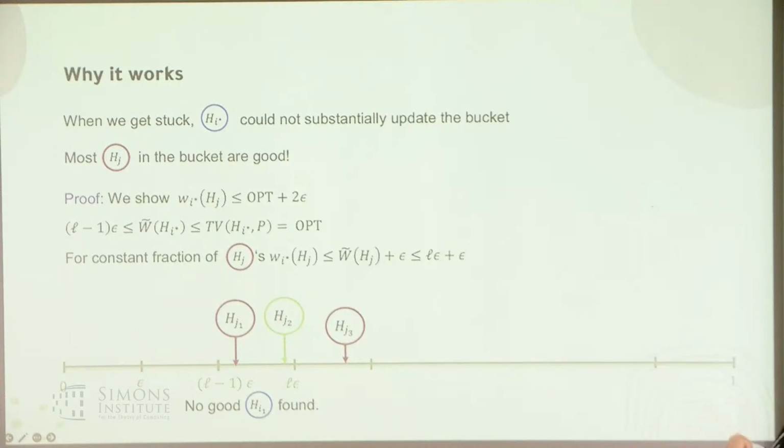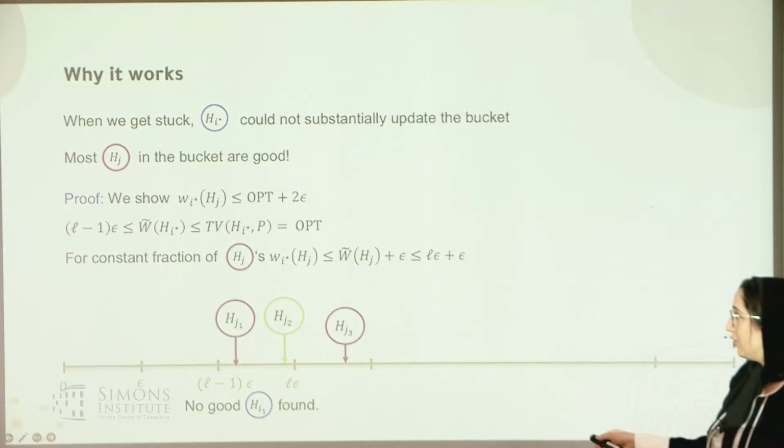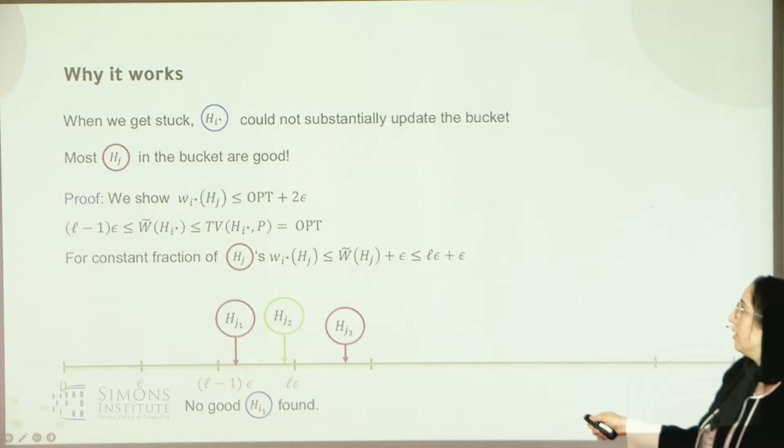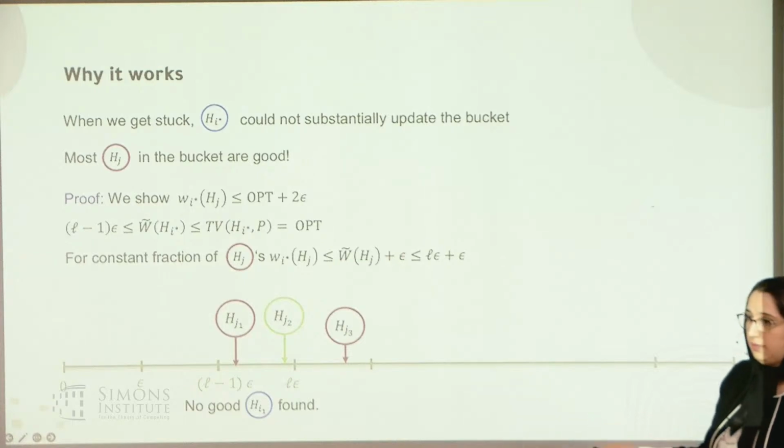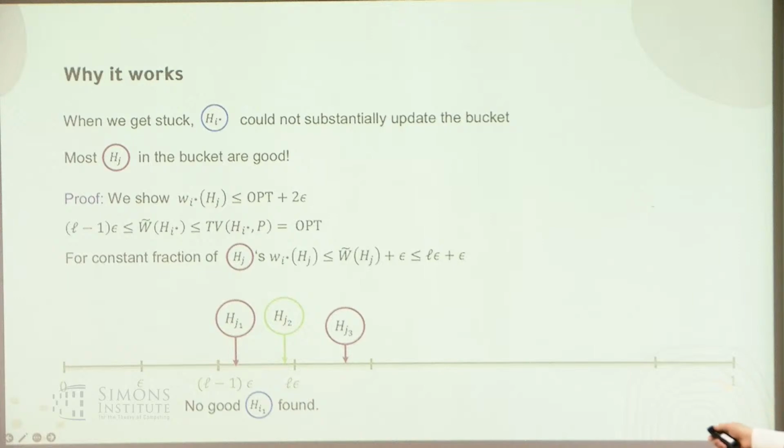And then on the other hand, I know that H_i star could not update many of the H_j's, meaning that the special edge that we talked about has to be smaller than the current score of these H_j's plus epsilon. It couldn't push them out, right? So it couldn't update them by more than epsilon. So that's where the bound comes from.